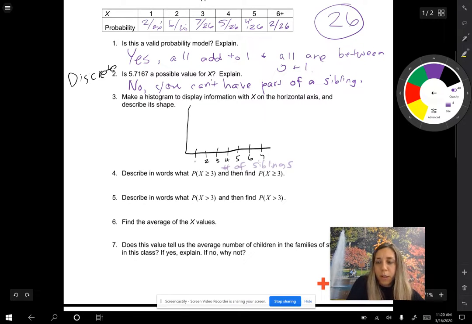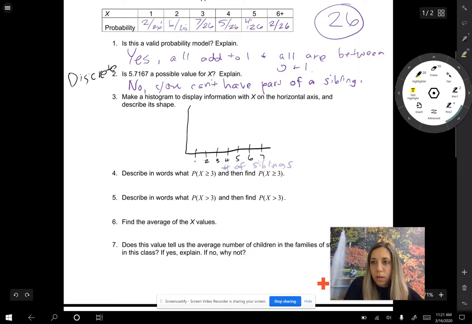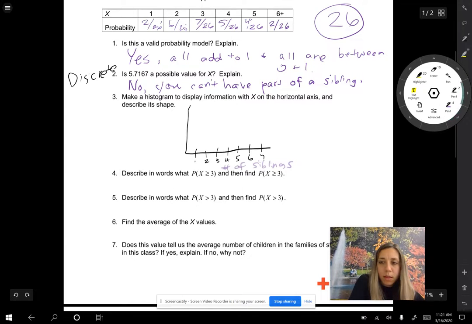And if we were to do the other axis, which would be the probability out of 26 in getting those values, let's go back and label that as well. So we have 1, 2, 3, 4, 5, 6, 7.